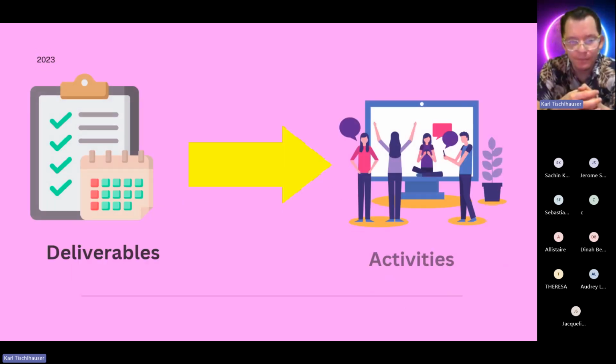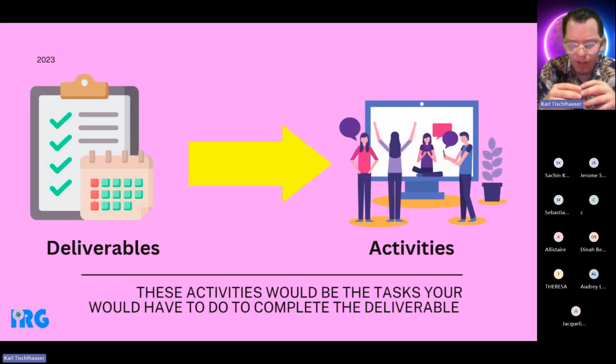It's very important that you make sure your deliverables convert to activities, and you can see that happening in the work breakdown structure. You have different work packages, and they come from the deliverables. Your work packages and activities are exactly the same thing. These activities are the tasks you'd have to do to complete the deliverable.